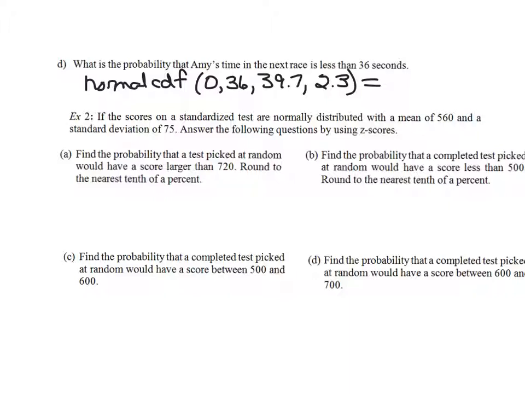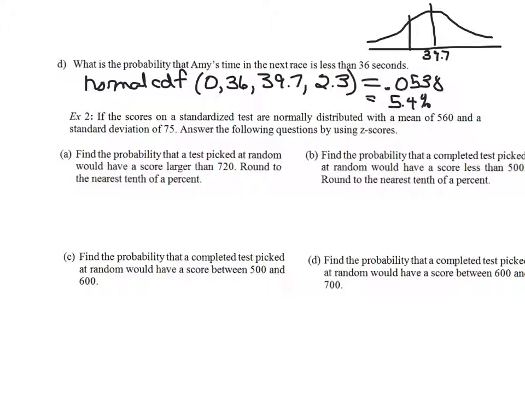On my calculator, this gives me the answer of 0.0538. So that would be 5.4%. And again, you could draw that on your normal distribution bell curve. Right here would be my 39.7. If I go back one standard deviation, that's going to be 37.4.